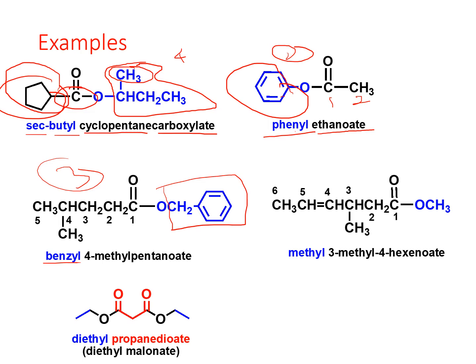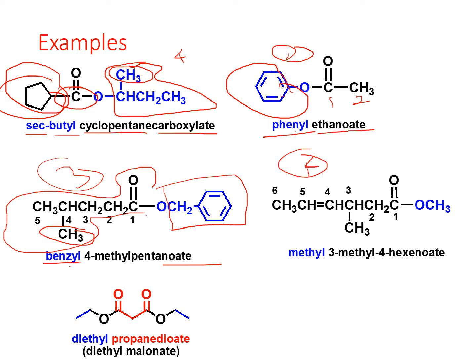Then you name the acid part. We count as usual the longest parent chain. We have 5 carbons, so pentanoic; for carboxylic acid it is pentanoic, so it becomes pentanoate. At carbon number 4 we have a substituent, so it is benzyl 4-methylpentanoate.